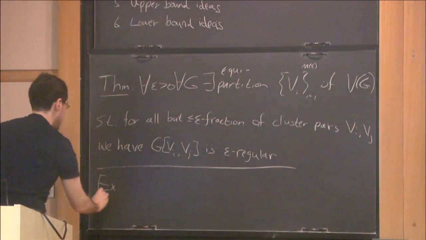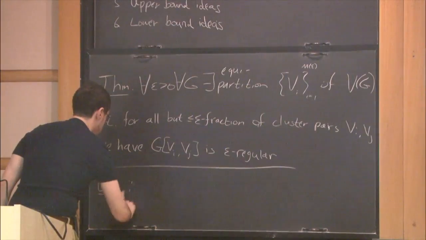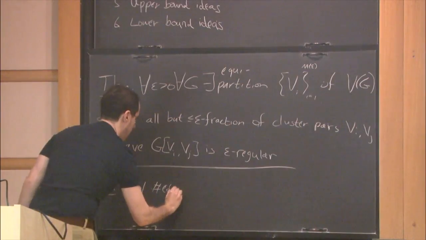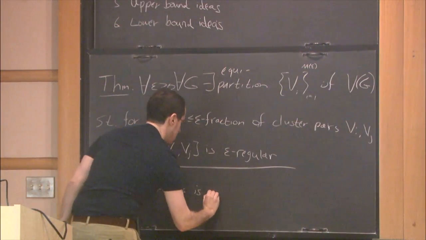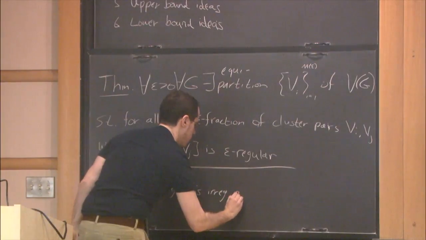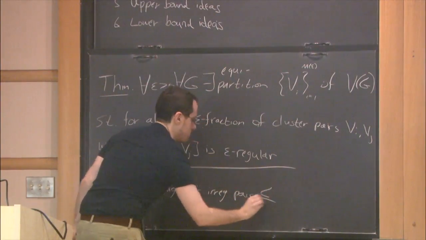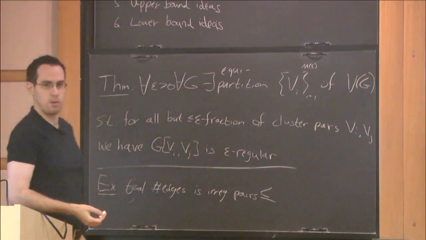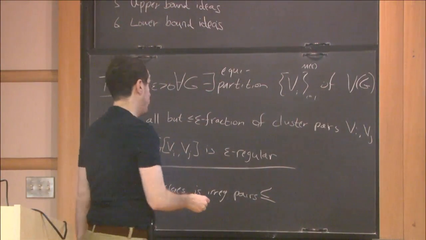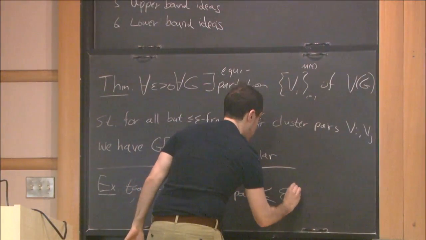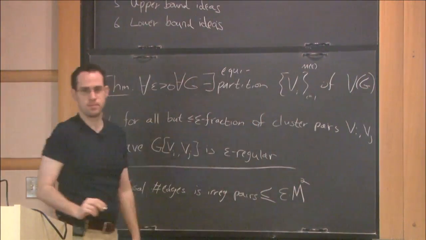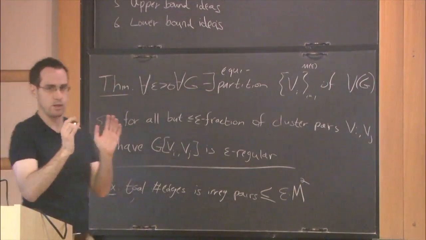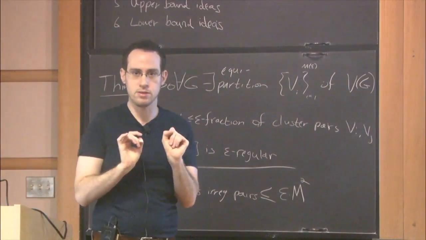So here's the exercise. What is the total number of edges in irregular pairs? Let's see. What is the number of irregular pairs? It's at most an epsilon fraction of the total number of pairs, so that's at most epsilon times m squared, right? And give me an upper bound for the number of edges between any given such pair of clusters.